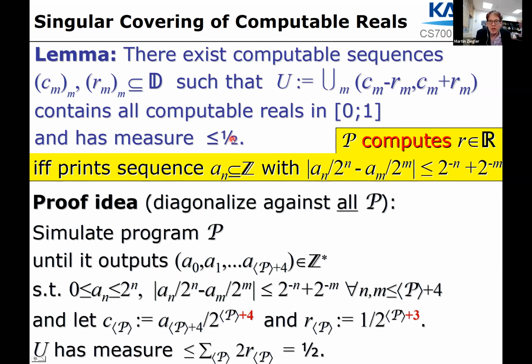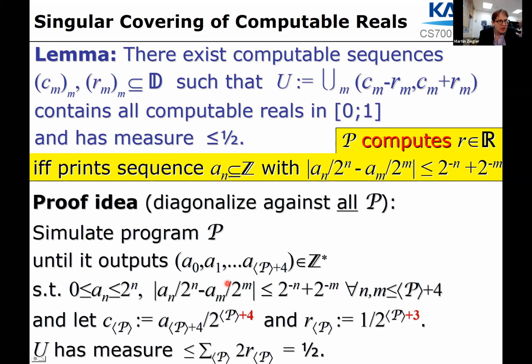And of course, we can replace 1/2 here by choosing different values. Okay, so that concludes the singular covering lemma, which we've used in the construction by Ernst Becker of a smooth computable function which has many roots, which attains its minimum in many arguments, actually in arguments of measure at least 1/2, but none of them is computable.